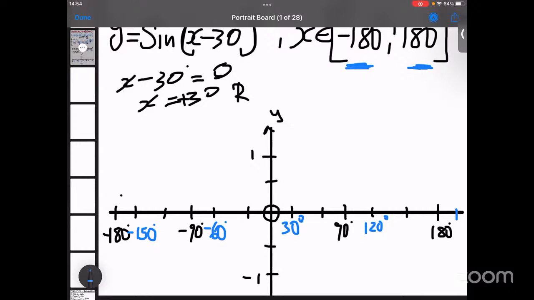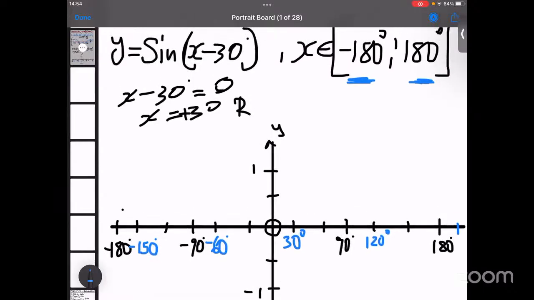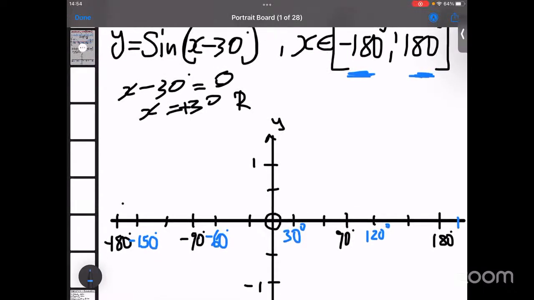So that is why I don't need to worry about those values after that restriction there. So then it's fine. Now it is that time where we can start plotting. So let's see. They said from negative 180, I like plotting from left to right. So that means you will say sine of negative 180 minus 30. It gives us a half.